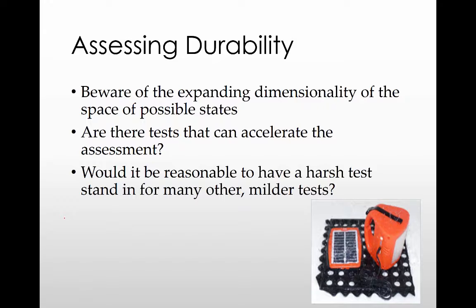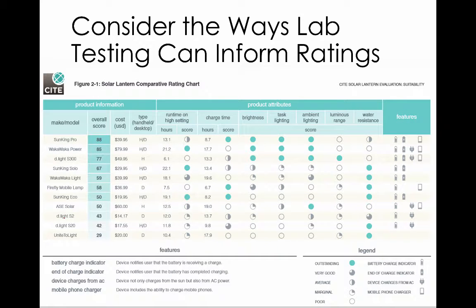Would it be reasonable to run one relatively harsh test to cover a wide and complex range of relatively milder tests? In this case, we decided to immerse the lanterns in water completely and see whether they could survive that condition. And in thinking about the ways that that test can inform the ratings, in the column for water resistance in the comparative rating chart, we see many lanterns receiving the highest level of performance, outstanding.